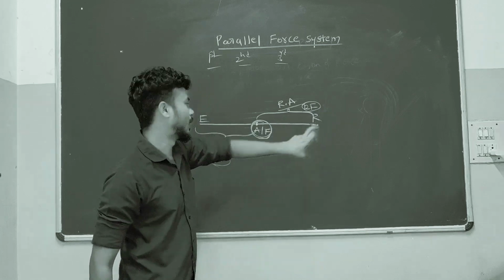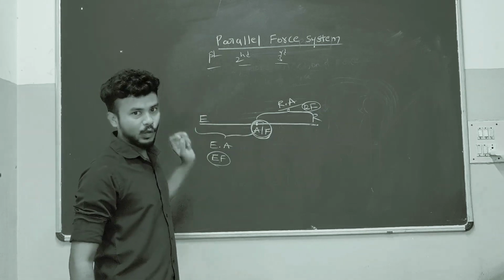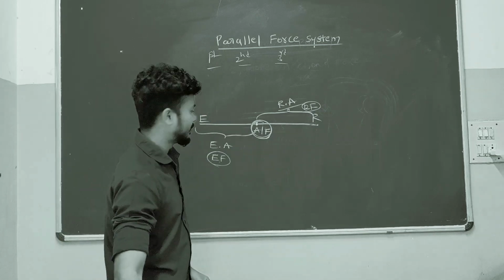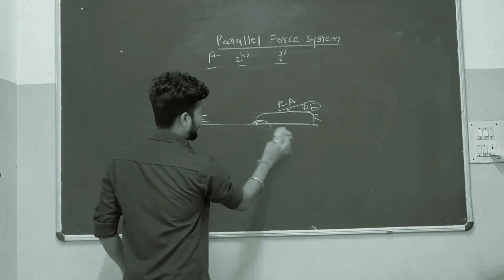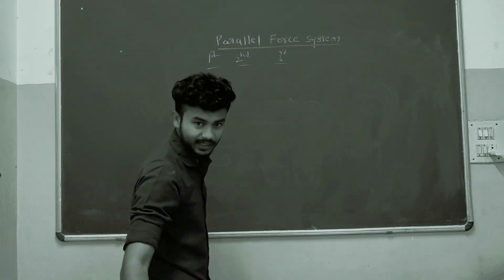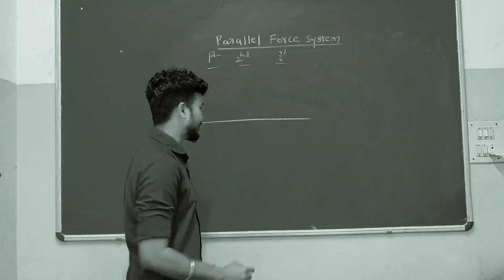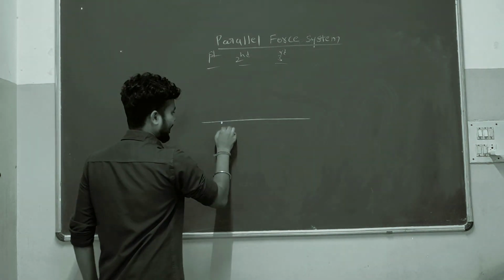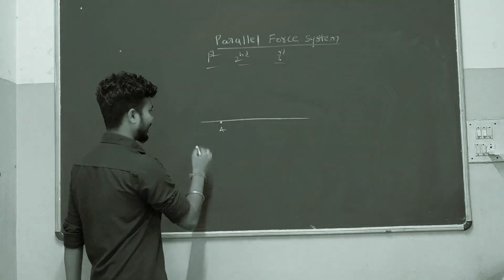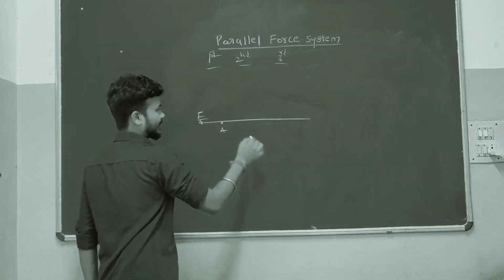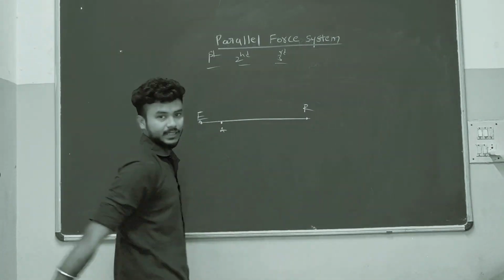Resistance will be at one end, and effect will be at the other end. And one more point on this. Now this is the lever. In this lever, suppose the axis is here. This is effect. This is resistance.